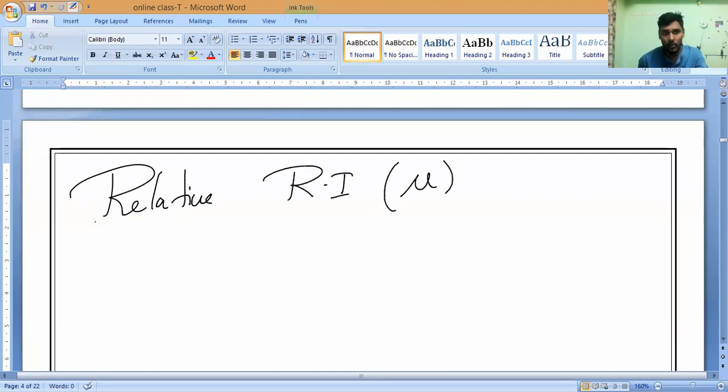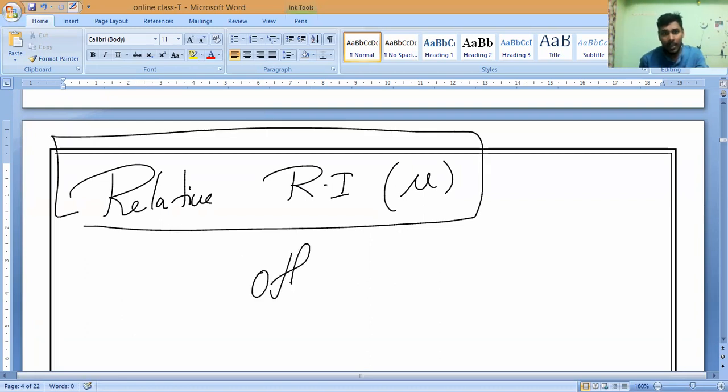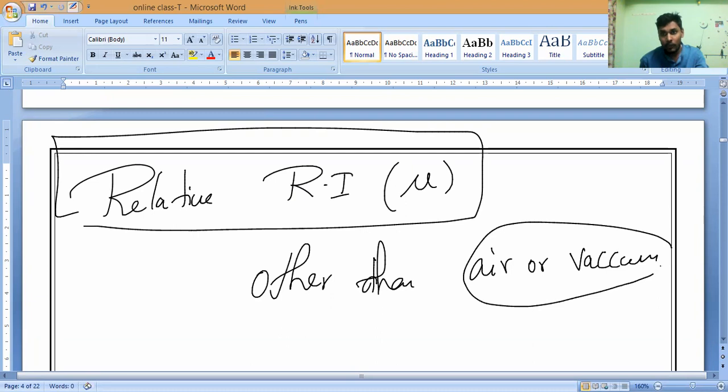Understand? So relative refractive index means, remember, other than air or vacuum, if we are comparing the speed of light in any medium with some other medium, X medium with Y medium, but that Y medium should not become air or vacuum.